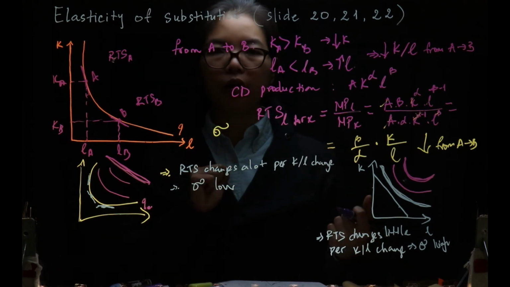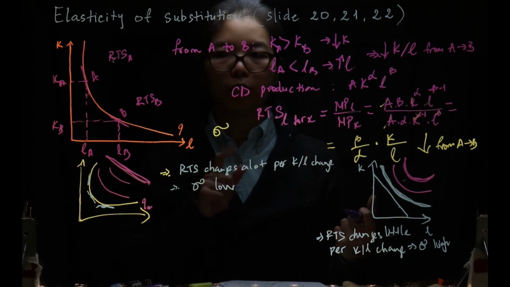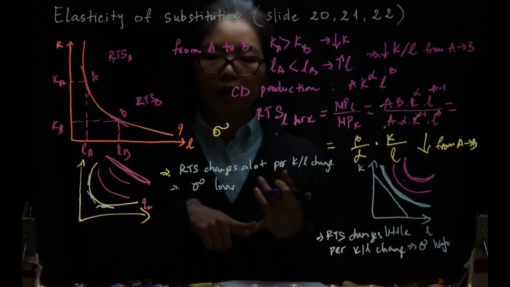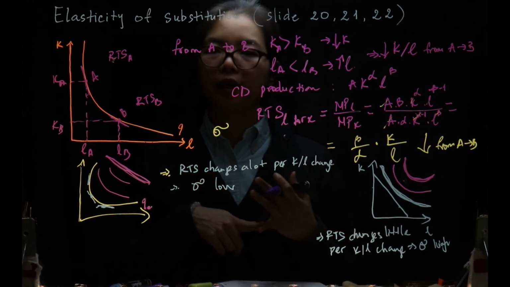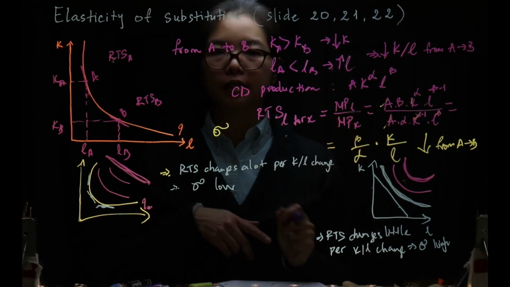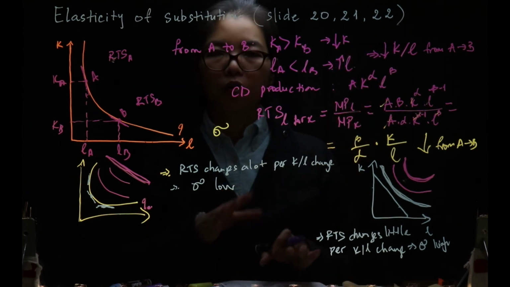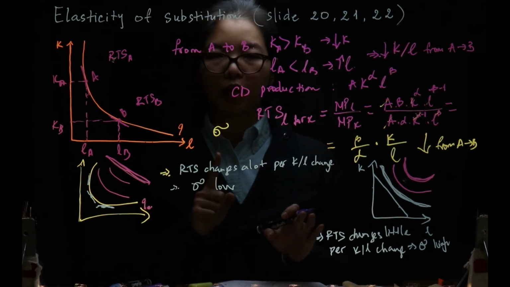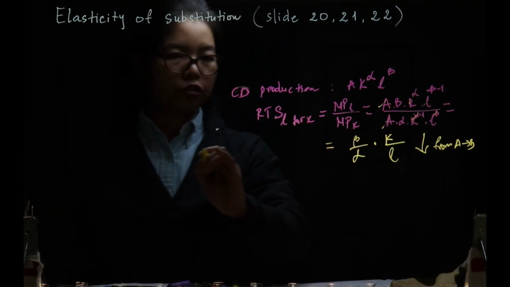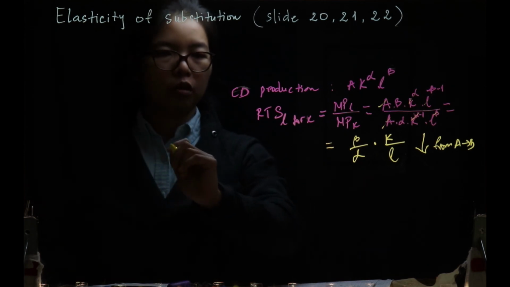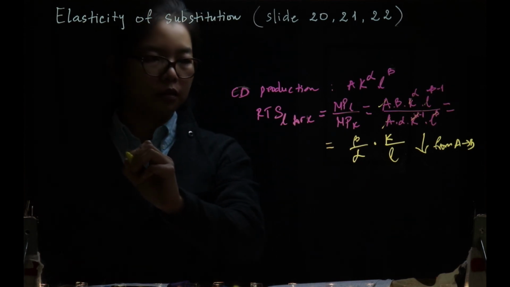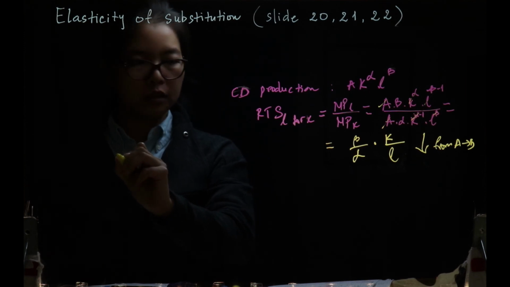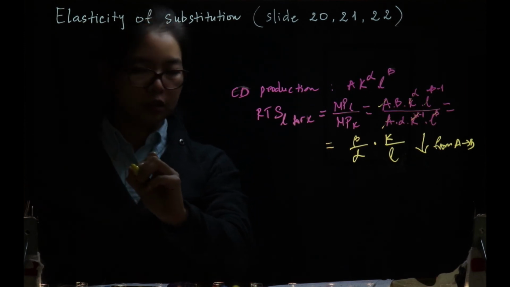Even though for the examples of production functions that we talked about last week, the linear, the Cobb-Douglas, and the CES, all have constant elasticity of substitution. I show you, continuing with the example of the Cobb-Douglas production function, and see whether the elasticity of substitution is constant in this case.